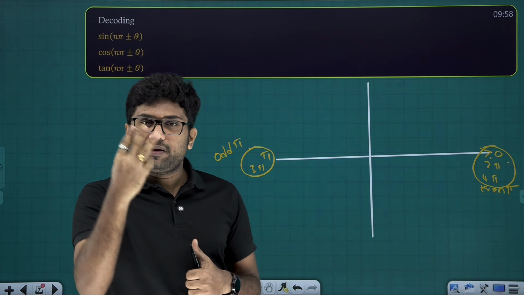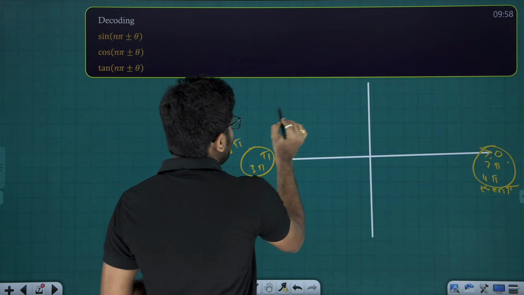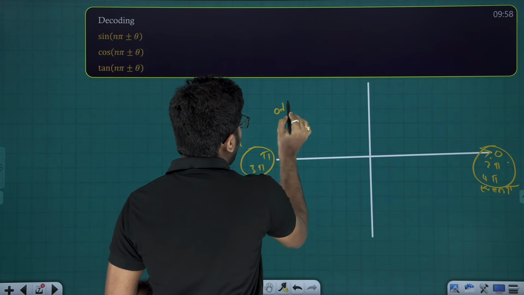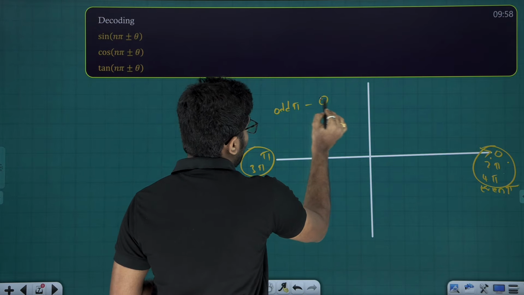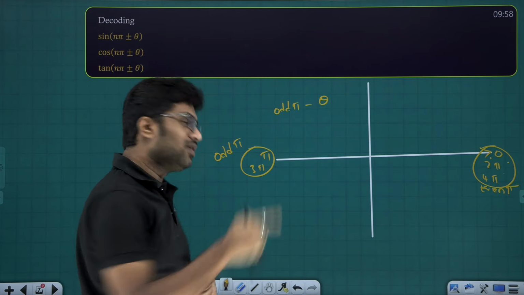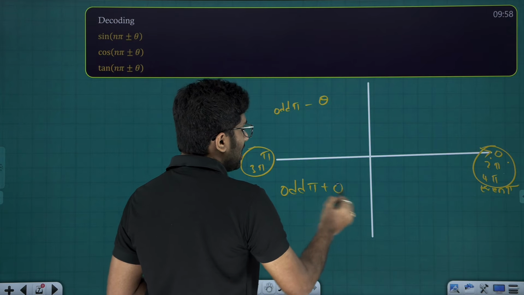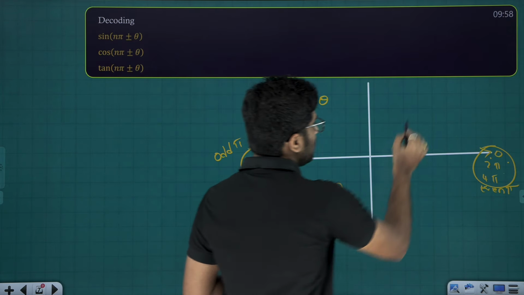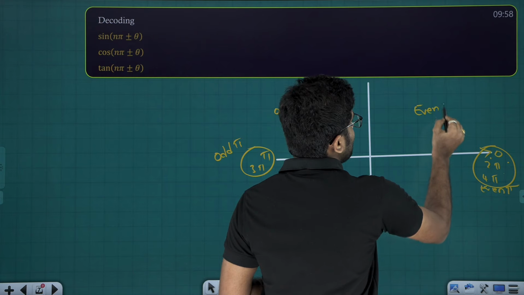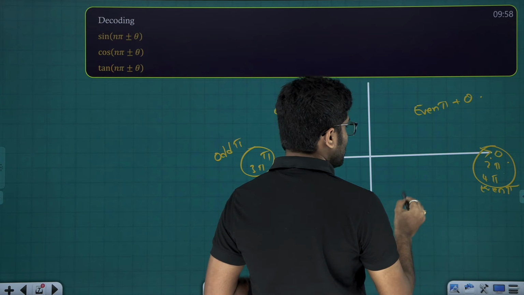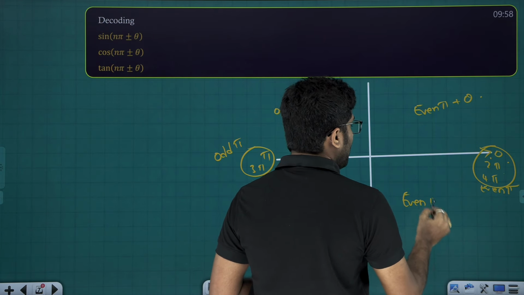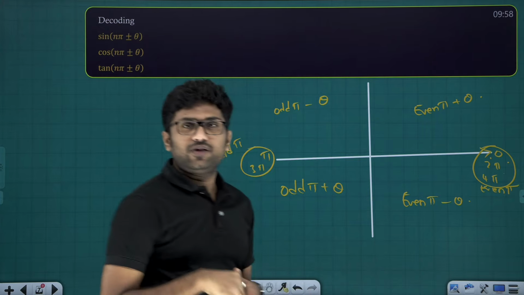Less than even pi will be in the fourth quadrant. Now by using this, any angle of the form odd pi minus theta will be in the second quadrant. Odd pi plus theta will be in the third quadrant. Even pi plus theta will be in the first quadrant. Even pi minus theta will be in the fourth quadrant.